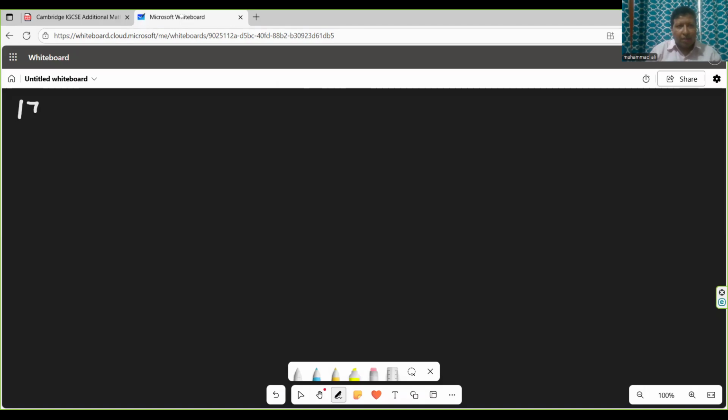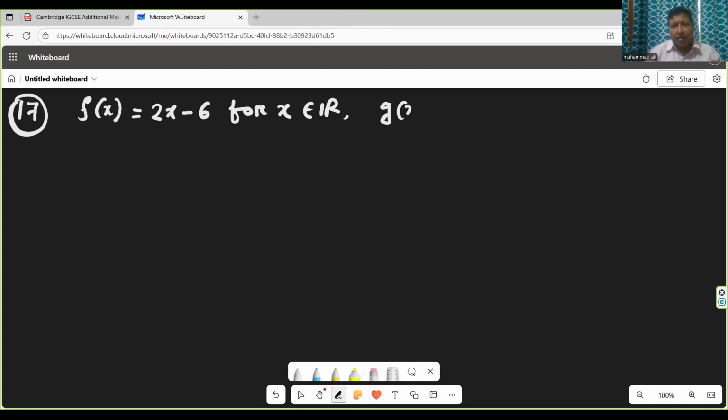So question number 17, here f(x) is given as 2x minus 6 for x belongs to real numbers, and g(x) equals root over x for x belongs to real numbers and x greater than or equal to 0.